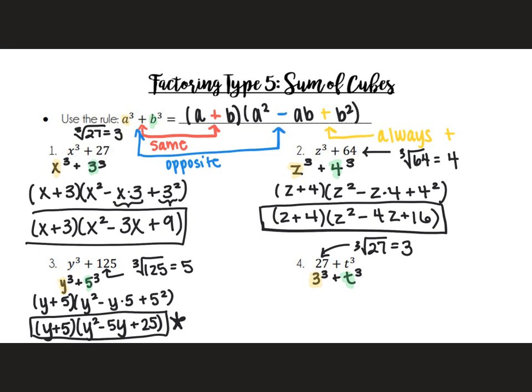And so when I plug that into my formula, I get 3 plus t, a squared. So this time I have 3 squared. I know 3 squared is 9, so I'm just going to write 9 right away. Minus 3 times t plus t squared.